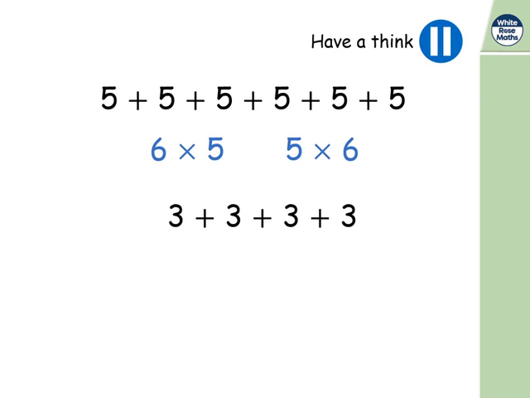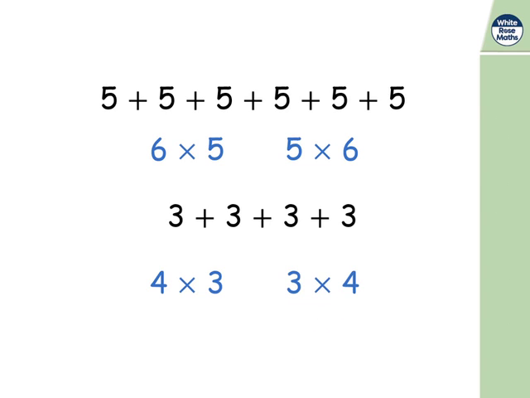Pause the video to have a think. That's right. This could be written as 4 times 3, 4 groups of 3. Or it could be written as 3 4 times. Either way, we always get the same answer.